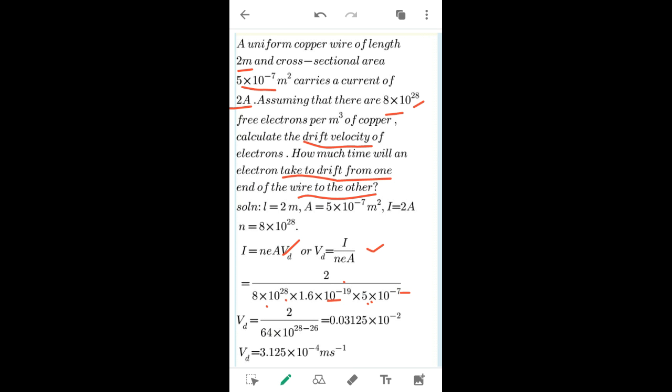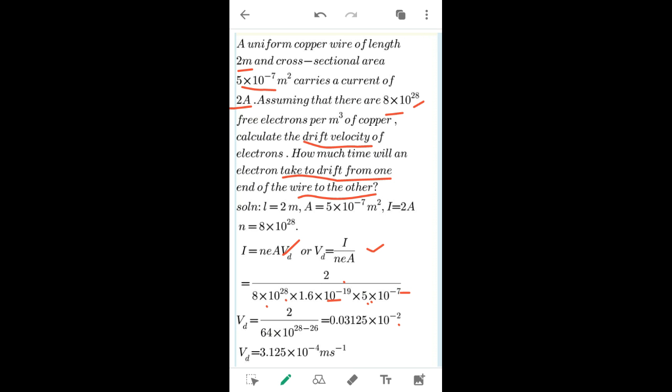So 28 minus 26, and 2 by 64 will be 0.03125 into 10 raised to 2, so when it goes up it will be 10 raised to minus 2.